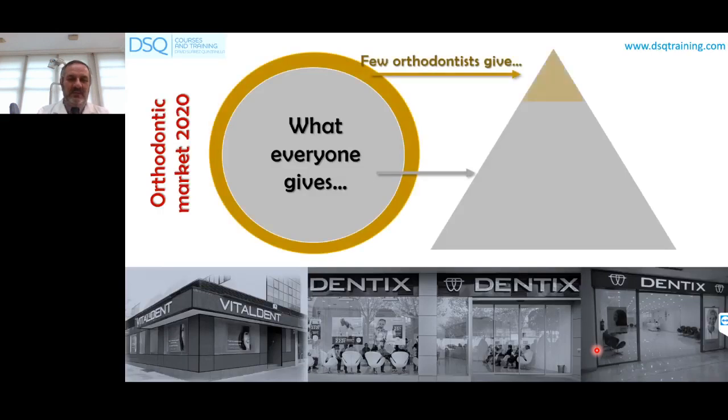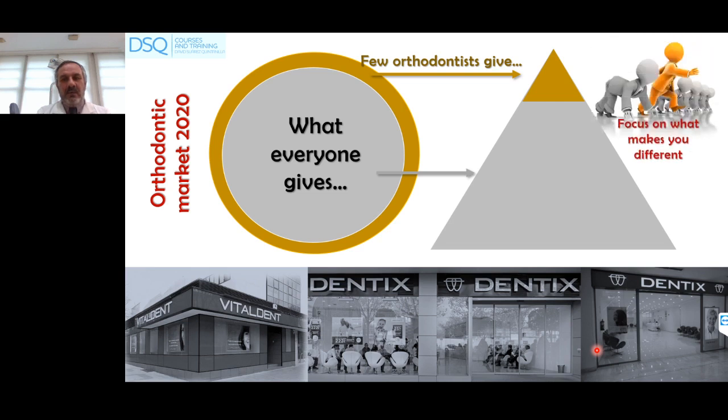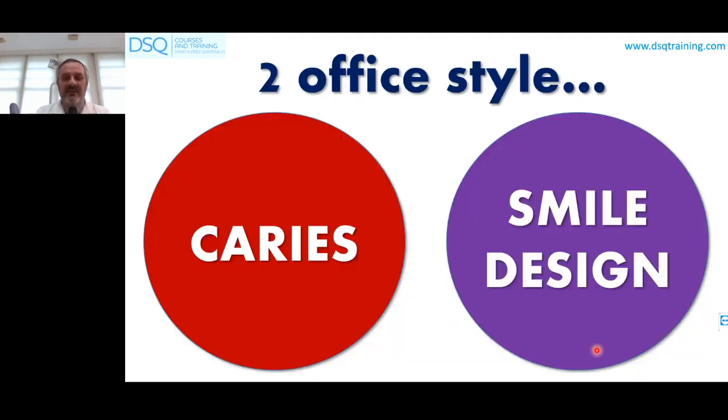For this reason, if you decide for the market of 2010, I recommend to focus on what makes you different. Change your office, change your philosophy of treatment, change your ideas for success in the future. It's very difficult to analyze this.